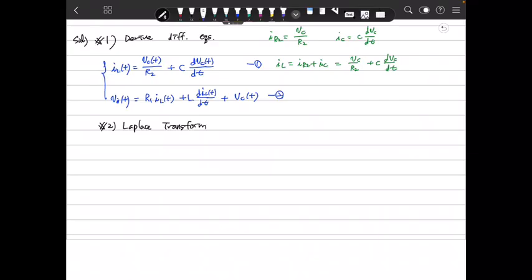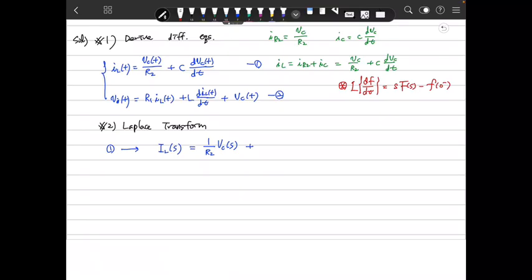Equation 1, we rewrite, defining the Laplace variable of iL(t) as capital IL(s), will be 1 over R2 times VC(s) plus, you remember that the Laplace of df/dt was sF(s) minus the initial value.